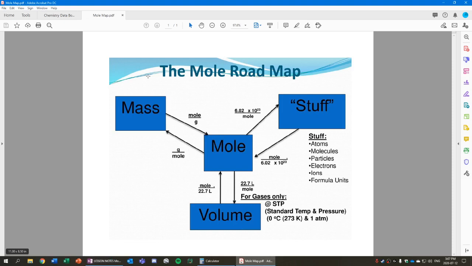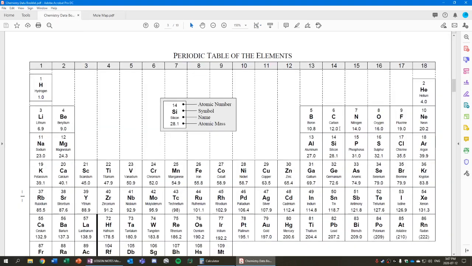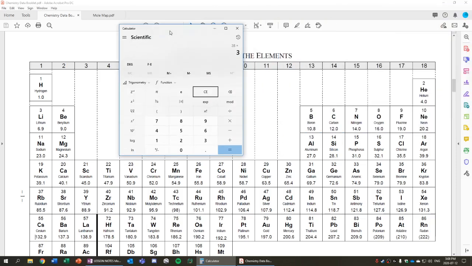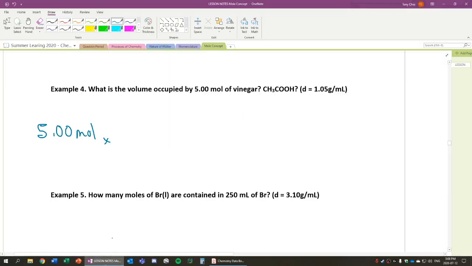The molar mass of vinegar: I have 2 carbons, so 2 times 12 is 24, plus 4 hydrogens, each hydrogen is 1, so plus 4, plus 2 oxygens, each oxygen is 16, so it's 32. We get a molar mass of 60 grams per mole. So we have 60.0 grams per 1 mole of acetic acid or vinegar.